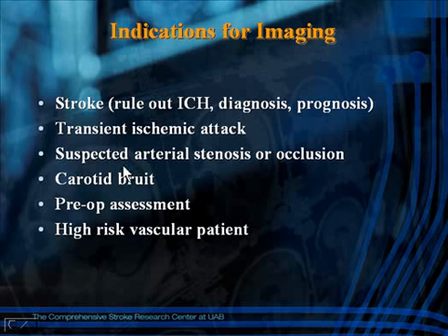If you suspect arterial stenosis or occlusion, that's an indication to obtain some imaging. A traditional indication is also carotid bruit, and recently what has been scrutinized is the patients who have not yet had stroke or TIA, but require some assessment before surgeries, or the high-risk vascular patient who should receive cerebrovascular imaging.